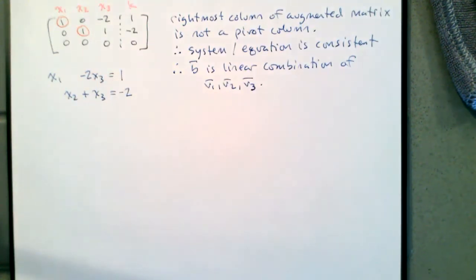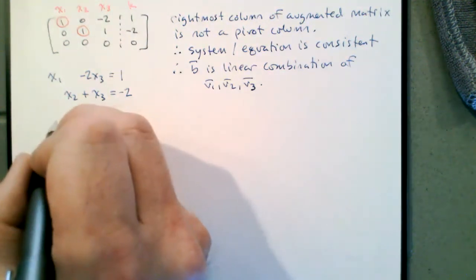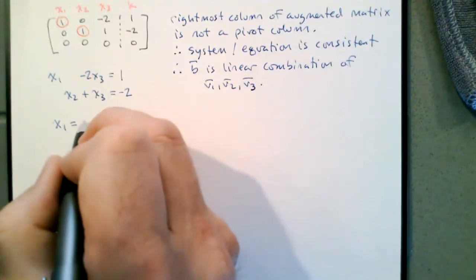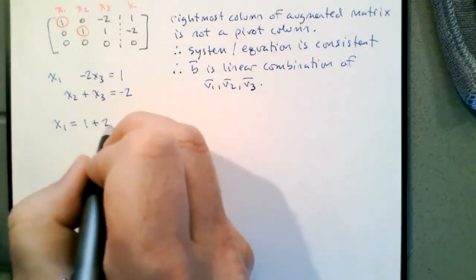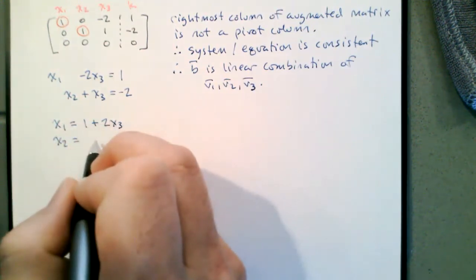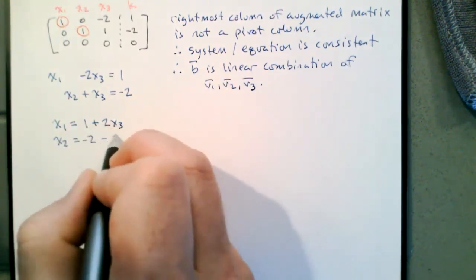Let's take these equations and write the general solution, which means solve for the basic variables in terms of the free variables. I like to lead with my constants because the constants are the place to start. So I'm going to say x1 is 1 plus 2x3. x2 is equal to -2 minus x3.